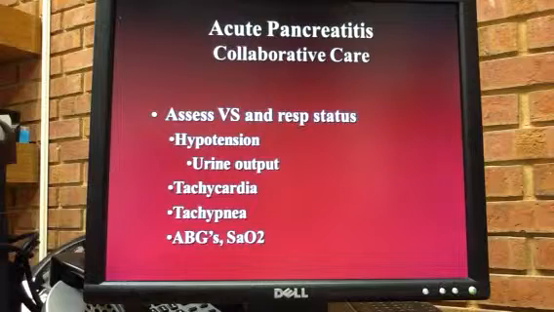We're going to assess vital signs and in particular respiratory status, pay attention to blood pressure, and more importantly, urine output. The whole point of having blood pressure and heart rate is to perfuse your vital organs. And the kidneys are like the windows to your body's perfusion.